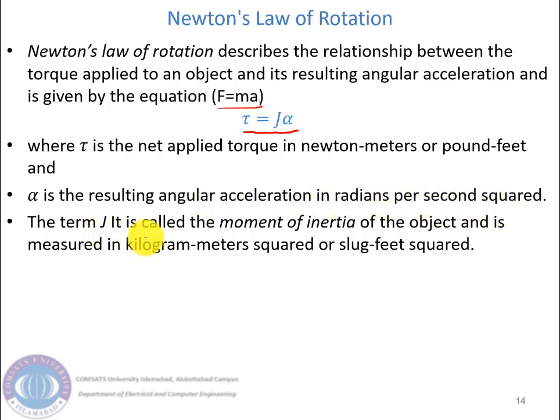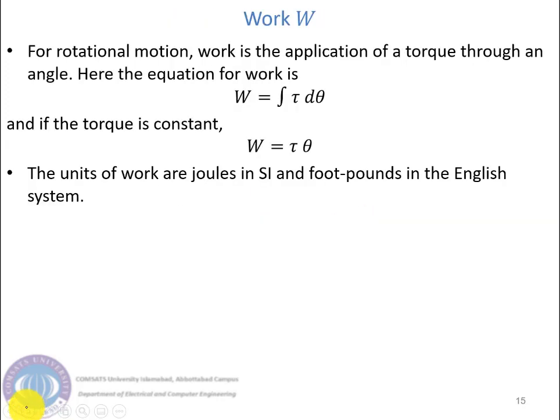The term J is called the moment of inertia of the object and is measured in kilogram meters squared or slug feet squared. Obviously, inertia is the property of any object, but moment of inertia is the property of a rotating object.